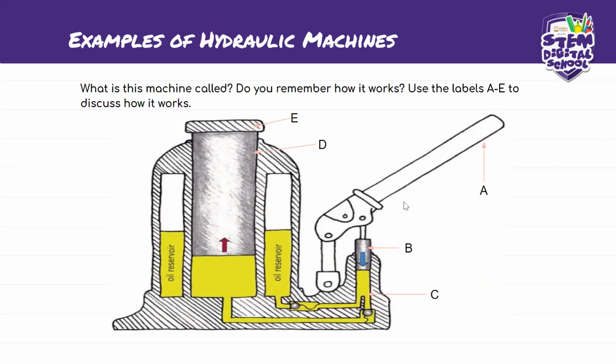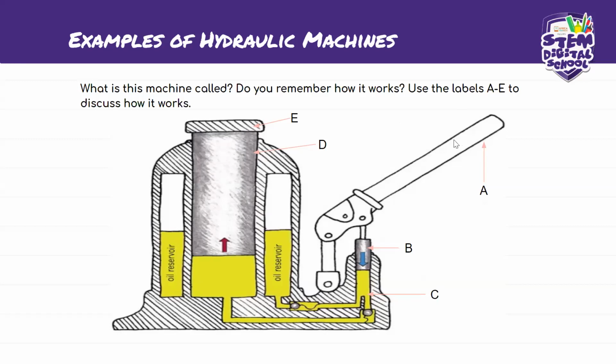It's a lever. That is where your input is. So what happens here on the lever? What do you do with the lever? James? You press it down.